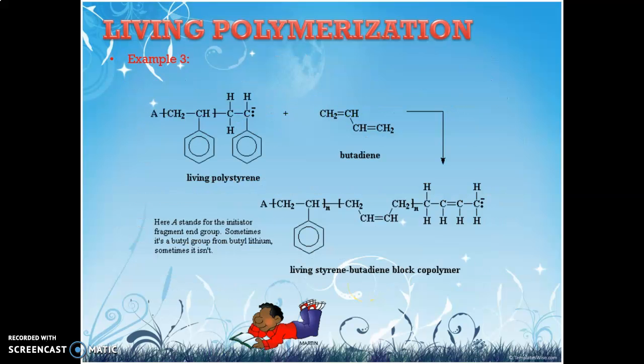For example, the formation of styrene butadiene rubber. Okay, there is no termination by combination. Okay, because the growing chains repel each other electrostatically because of similar charge. Alright.